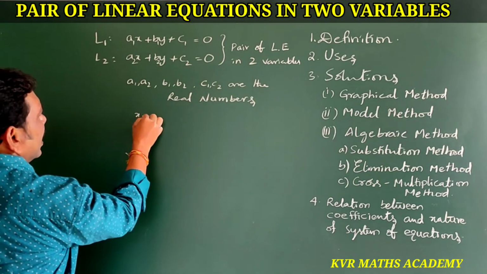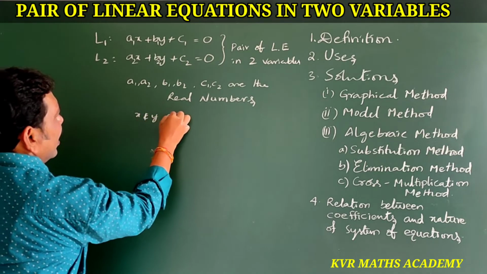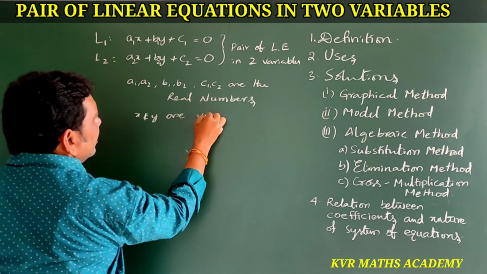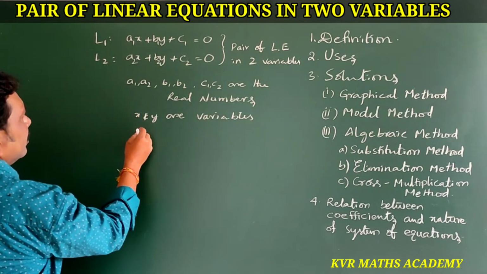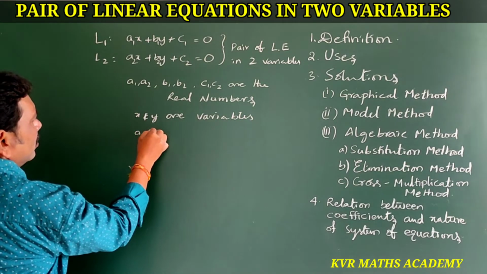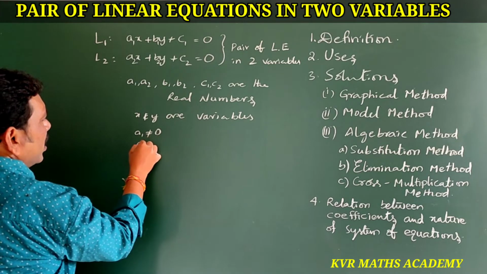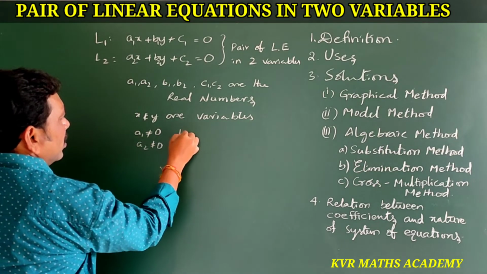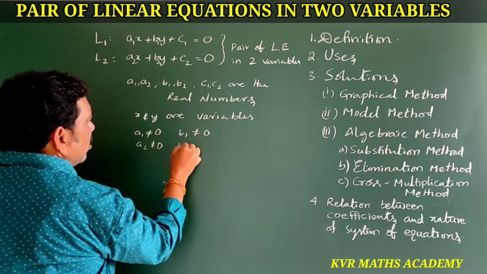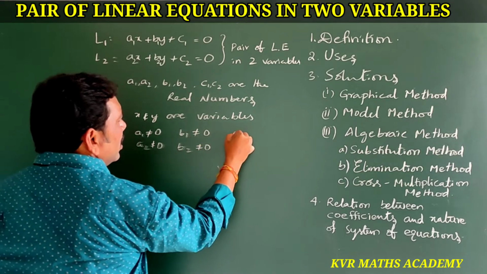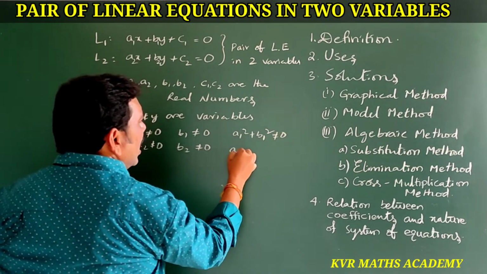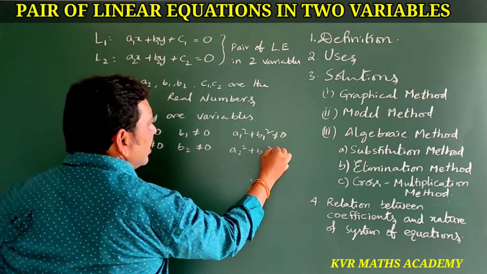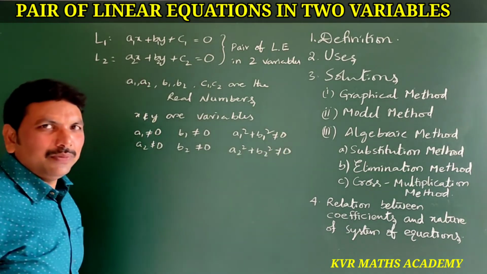Next, x and y are variables. a1 should not be equal to 0, a2 should not be equal to 0, b1 should not be equal to 0, b2 should not be equal to 0, a1 square plus b1 square also should not be equal to 0, and a2 square plus b2 square also should not be equal to 0.